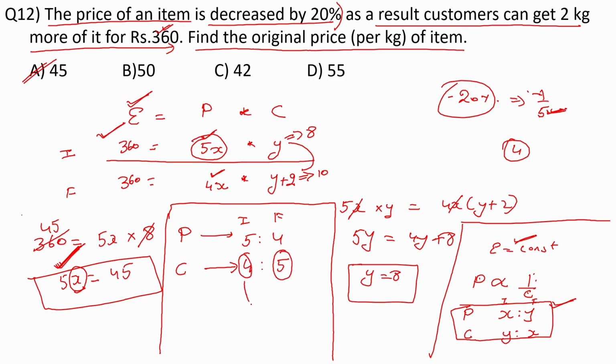So the difference between initial and final consumption is 1 unit. And this 1 unit is given to be 2 kgs. So the value of 4 units would be 8 kgs and the value of 5 units would be 10 kgs. In this way, we can also find the value of consumption. And after substituting the values 8 and 10 in this equation, we'll get the price.